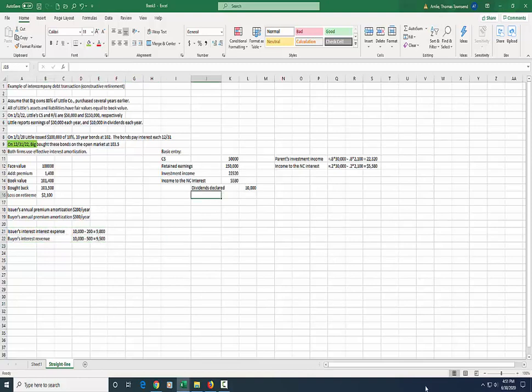So now we do the investment in Little and the non-controlling interest, and just like we did before, we're going to allocate to the parent's investment in Little their share of the end-of-year book value, plus or minus these adjustments.